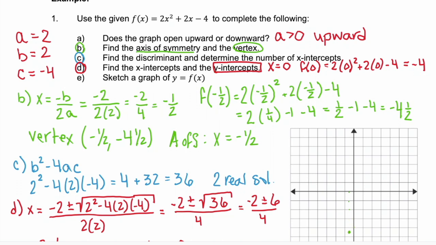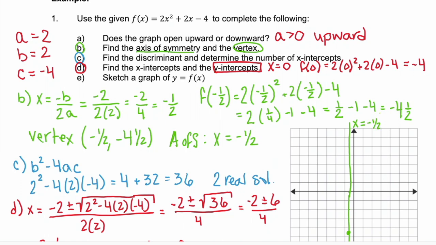There's our vertex. Now that we have our vertex, recall that our axis of symmetry is the vertical line that goes through that point. So I can draw my axis of symmetry. This is the line x equals negative 1/2.